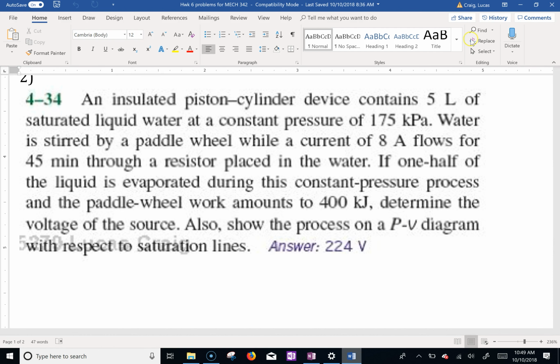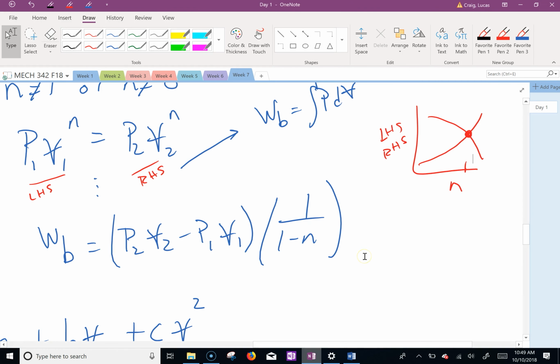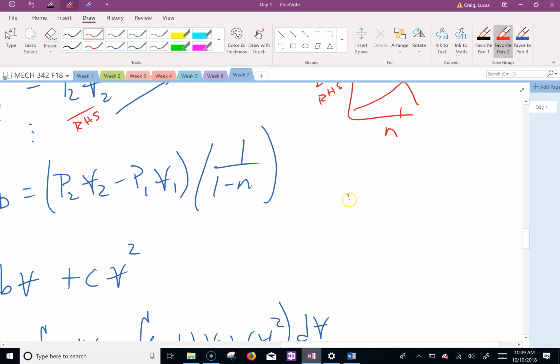We got 1 minute to talk about this. Tell me electric power. Current times the voltage. Yep. Tell me electric energy. Well, it's W dot E times time, delta t.